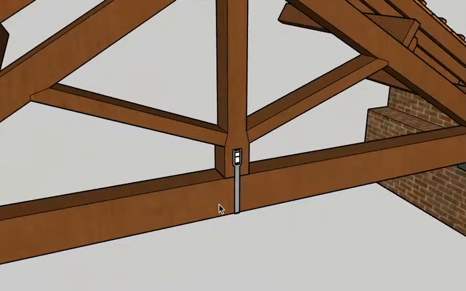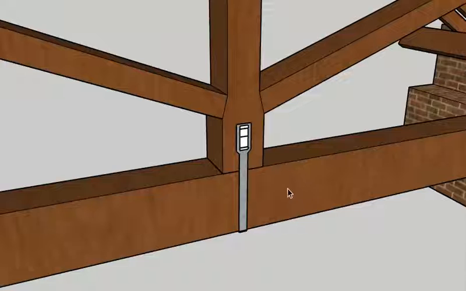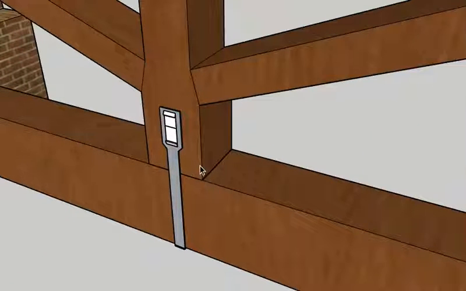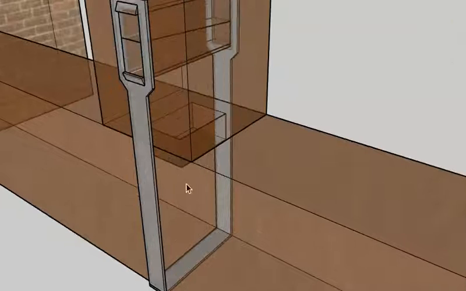At the bottom what you will see is that there is going to be again a joint between the tie member and the king post. That joint is going to be a tenon mortise joint. So if we see the X-ray view of this thing, what you will see here is the tenon mortise joint.